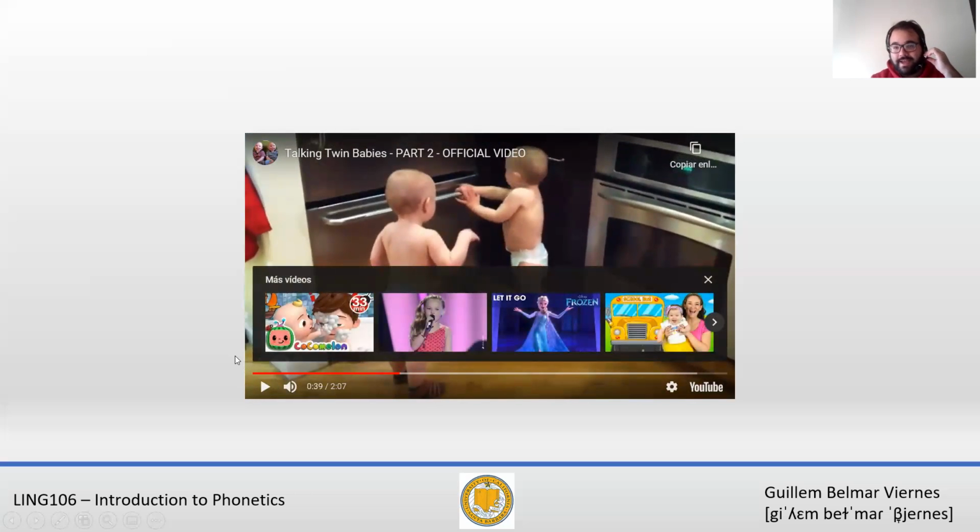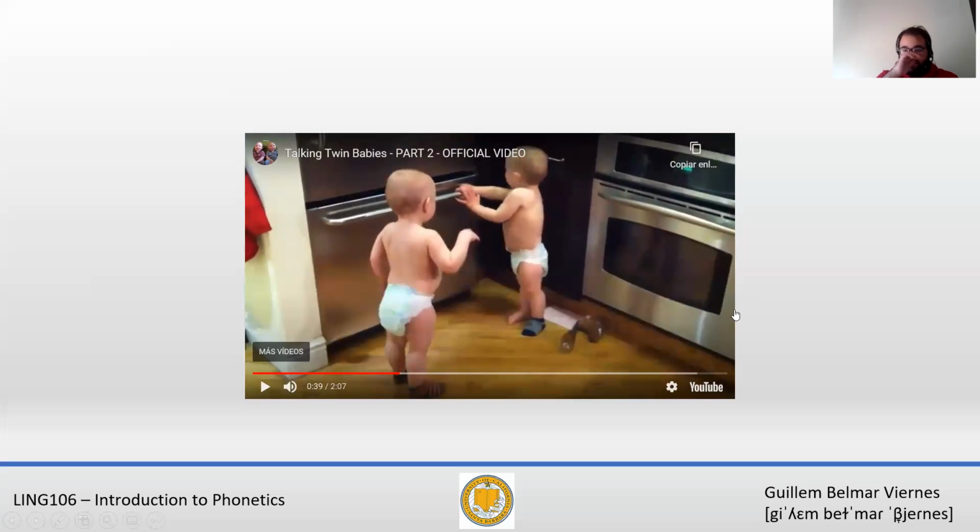Okay, so you can see how there's some units, some utterances, or some part of the babbling of the baby that has a very clear rising intonation, which reminds us of questions in English, right? And then others that have more lowering or falling intonation that reminds us of normal, affirmative sentences. And then this moment at the very beginning where one of them says ah, and this is very clearly a no, right?